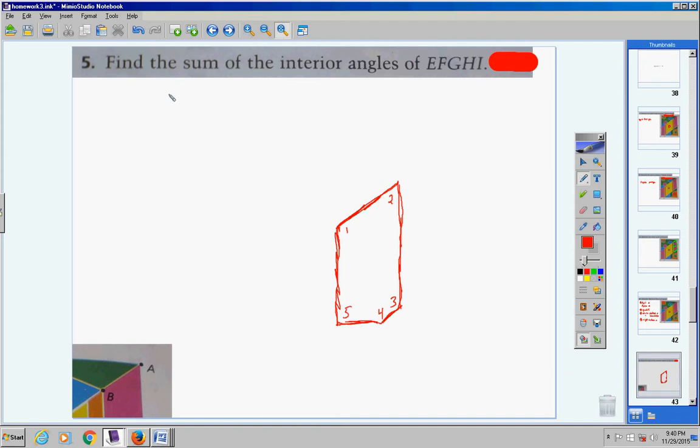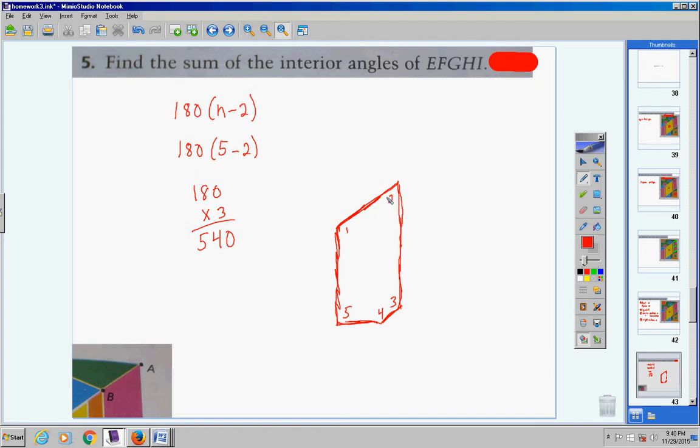Well, we learned a formula for that, didn't we? 180 times n minus 2. N being the number of sides. Sure we did, we learned that, guys. This is a 5-sided polygon. So we have 5 minus 2. 5 minus 2 is 3, so we have 180 times 3. It's 540, okay?